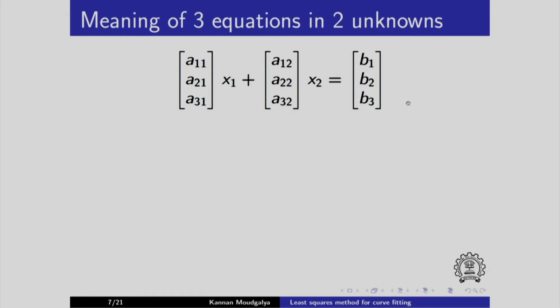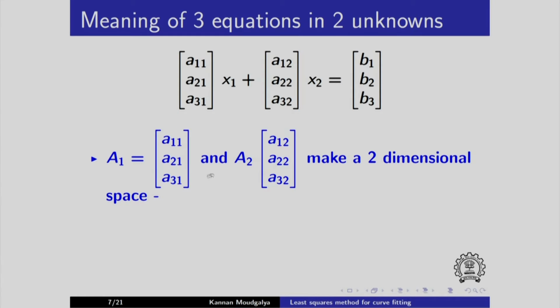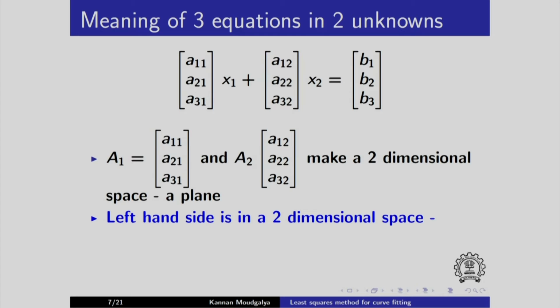So let's start with the system we had in the previous slide. A1 and A2, this is A1 and this is A2, make a two-dimensional space, a plane. Left hand side is in a two-dimensional space, a plane. For example, this denotes one direction, this denotes another direction.